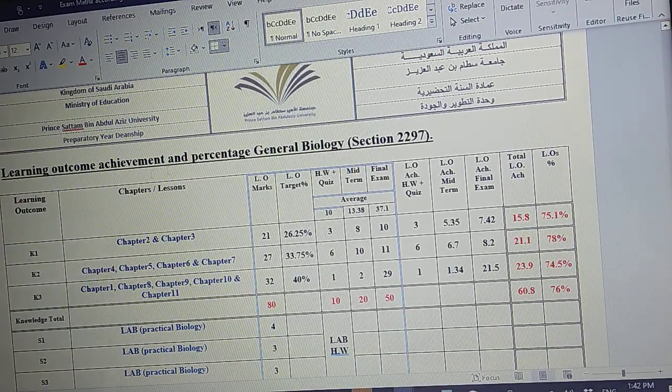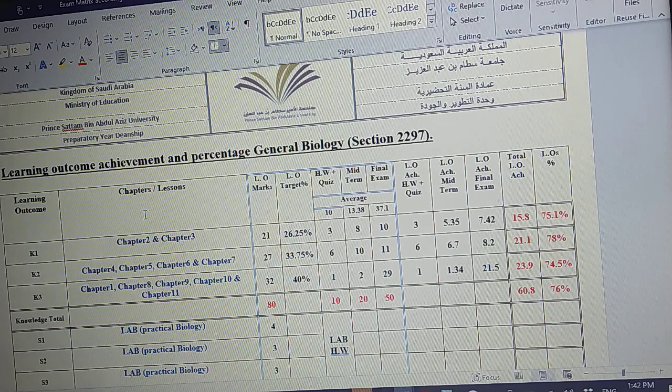By the end of this template, I have to know how to write an exam according to the relative weight for each course learning outcome.